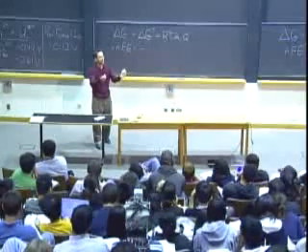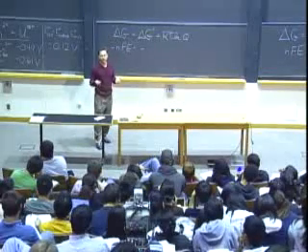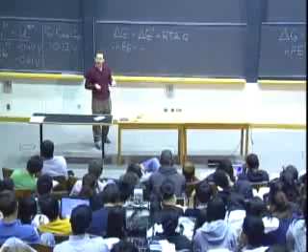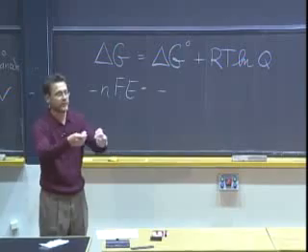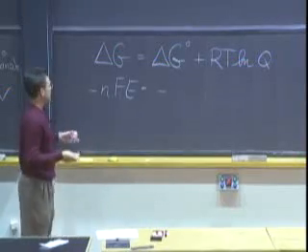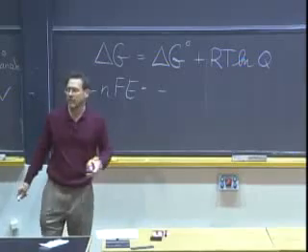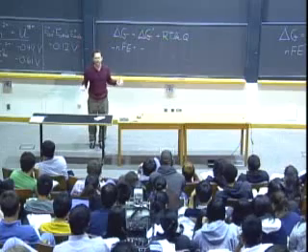You could measure the standard cell potential by using externally a voltmeter. And as long as you didn't let the reaction proceed to any significant extent, then you'd know the standard potential for that cell. And what we're going to do now is say, okay, let's let the reaction proceed. Let's let a battery become discharged, for example.